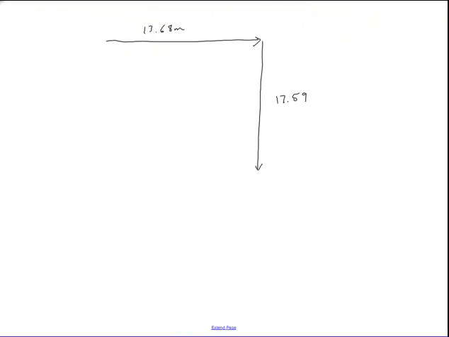What's the resultant from all of this? We start here. We end down here. This is our resultant vector. Here's the angle.